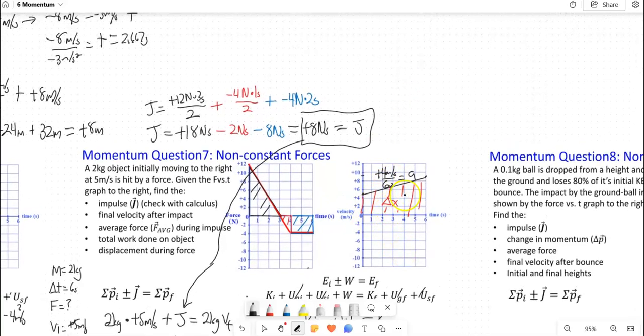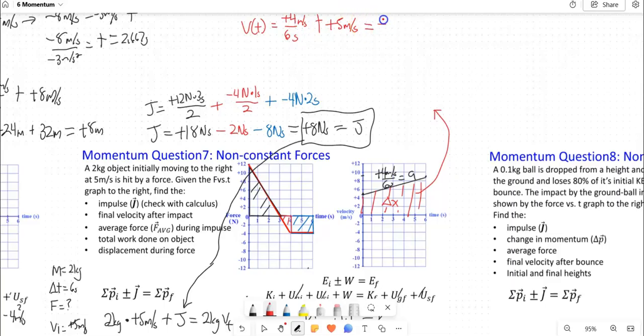Okay, so to find this delta x right here, that line, it starts off at its initial, so we're creating a function of that velocity. So that line starts off at positive 5 meters per second, and the slope of that line is positive 4 over 6 meters per second over seconds.